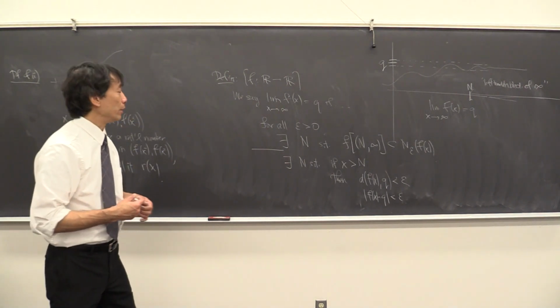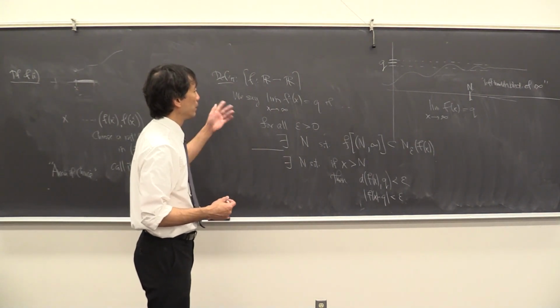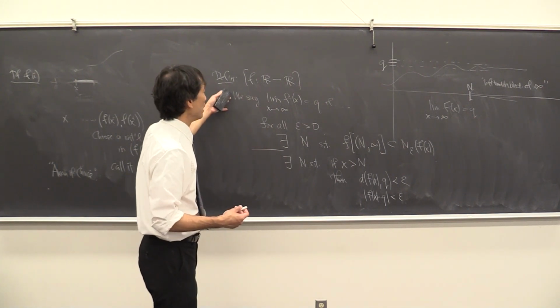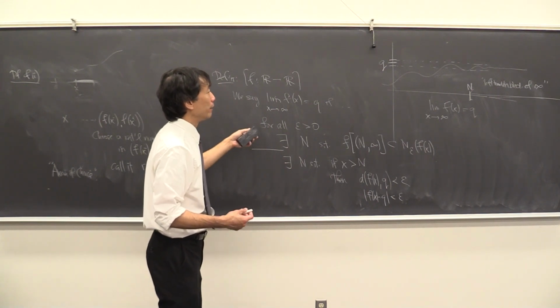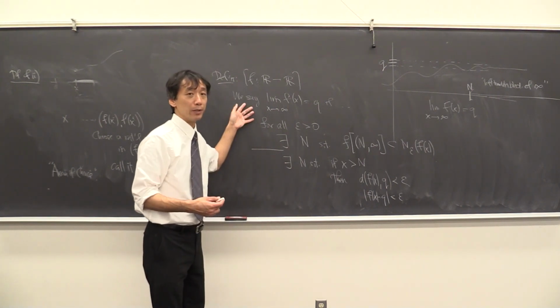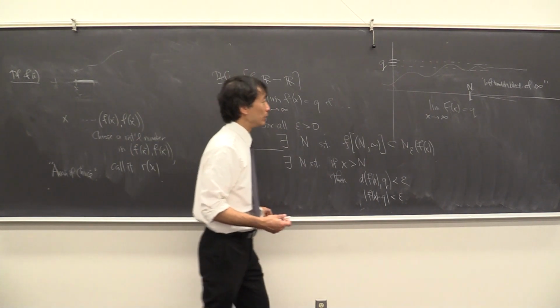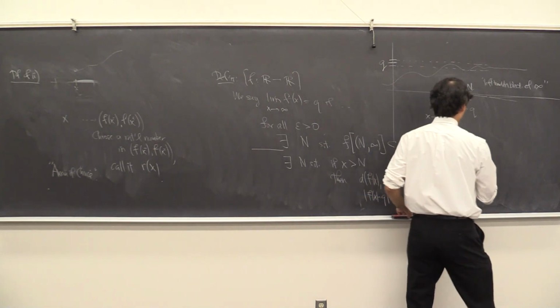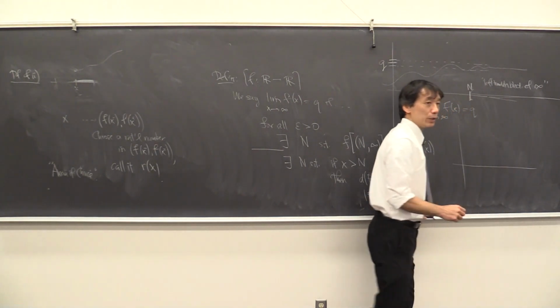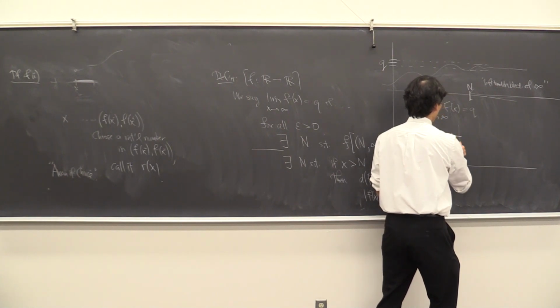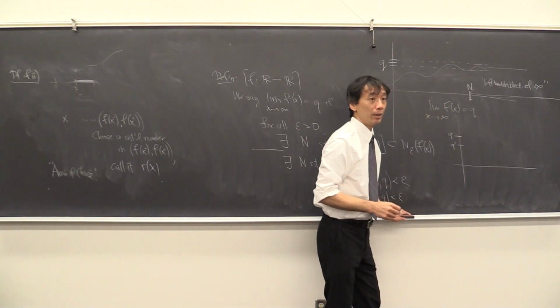This is the same sort of thing, and you can see that the theorems we had for finite limits, for example showing the uniqueness of this sort of limit, will go the same way. It'll be a basically identical proof. If we wanted to show uniqueness, we'd say, suppose there are two limits, q and q prime.